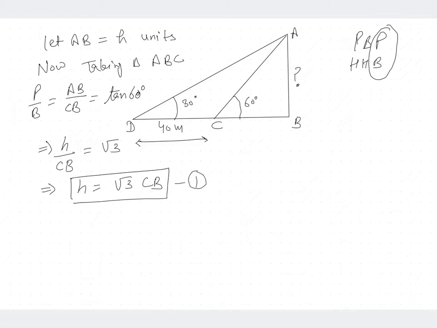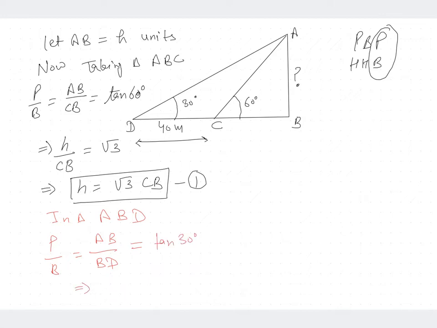Coming to the second part, that in triangle ABD. Now I am talking about this bigger triangle ABD. So here we can take again perpendicular upon base, that is AB upon BD equal to tangent 30 degree.